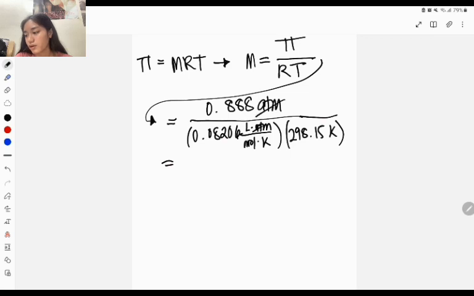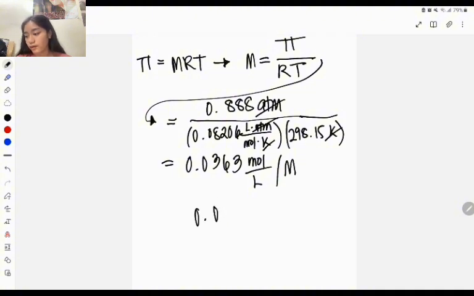Cancel out some terms. It becomes 0.0363 mole over liters for molarity, or 0.04 molarity.